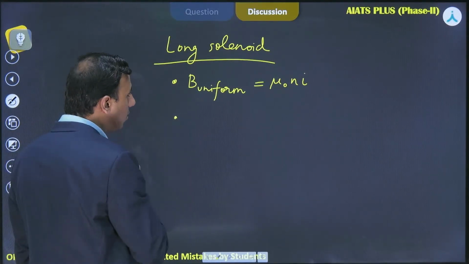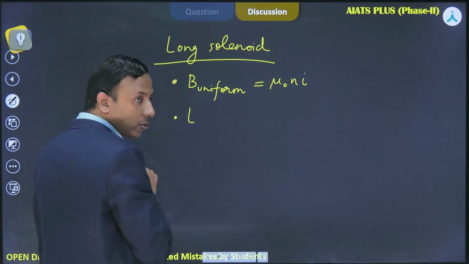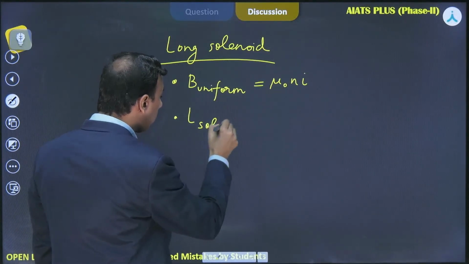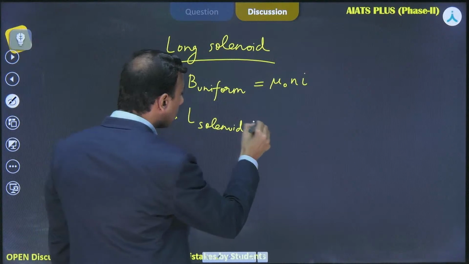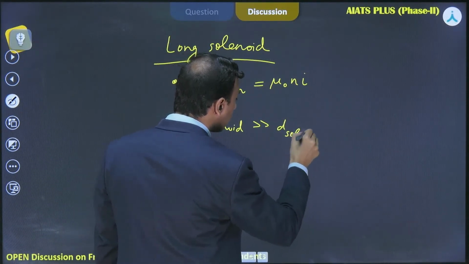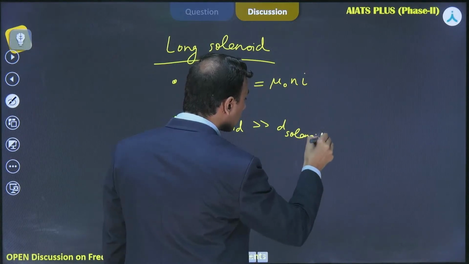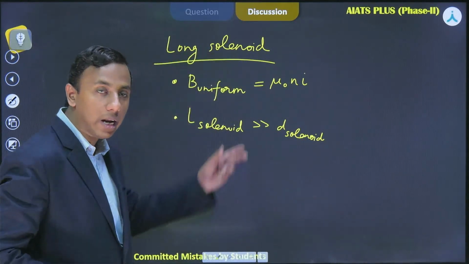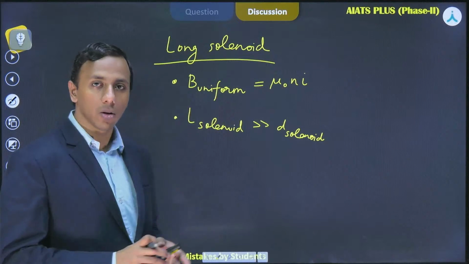And another thing, remember that the length of the solenoid is much greater than the diameter of the solenoid. Even in that case, we say it is a long solenoid.